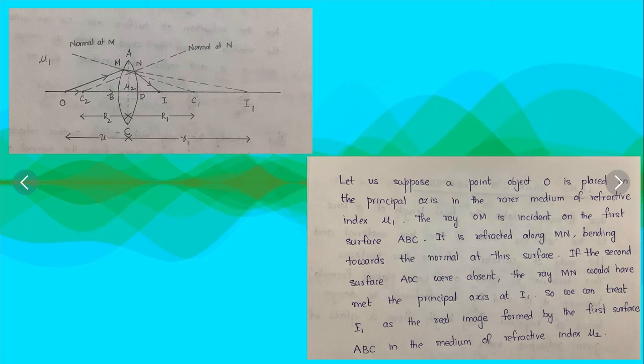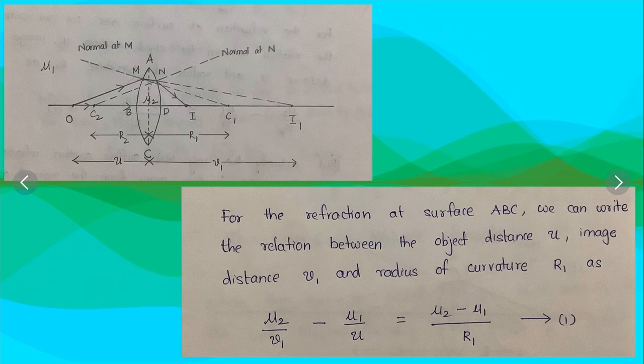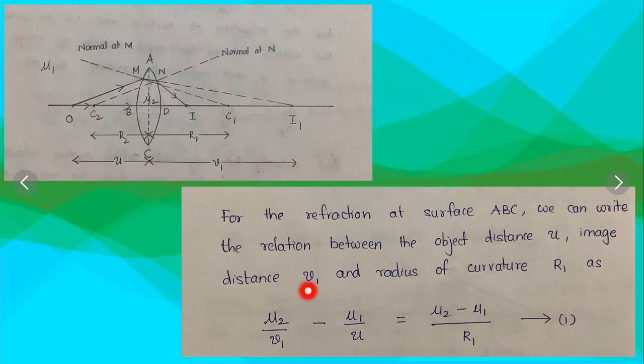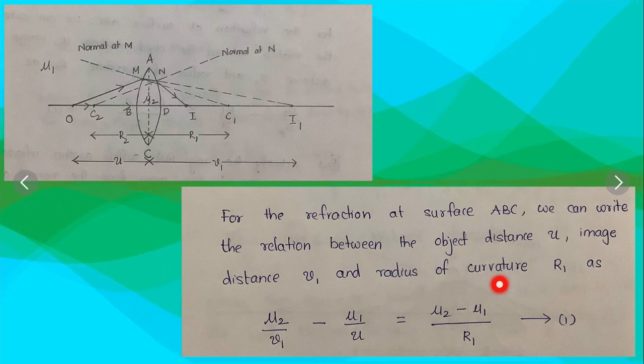Now let us continue. For the refraction at the surface ABC, we can write the relation between the object distance u and the image distance v1, from the optical center to the image I1, and the radius of curvature R1.